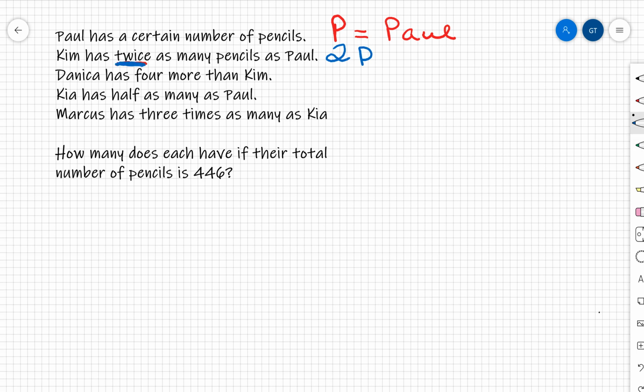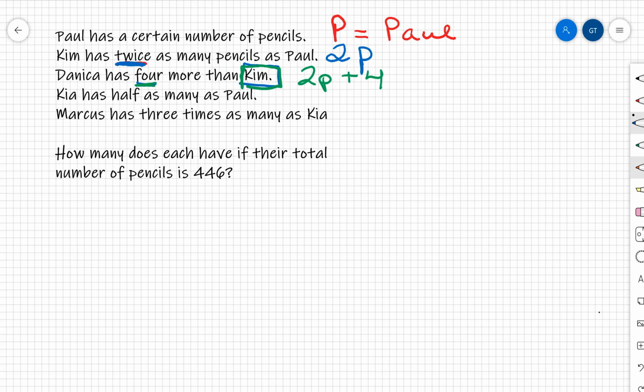I'll try to keep my colors the same here. Danica has 4 more than Kim. Okay, 4 more than Kim. Let's try this again. Kim has 2P. So Danica has 2P plus 4, because 4 more than means to add.